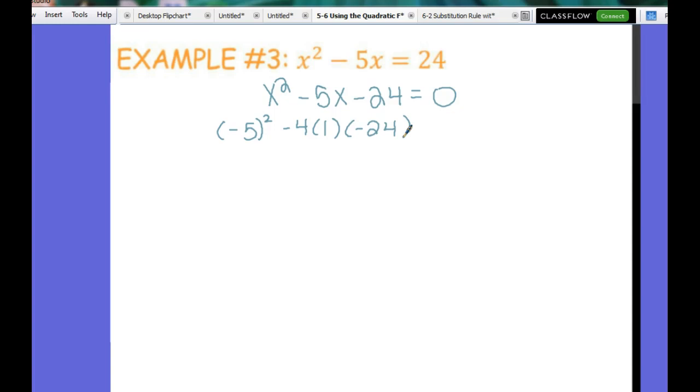So what's my discriminant end up becoming? I heard it. Yeah, 121. What do we know about 121? Yeah, it's a positive perfect square. So that's 2 rational reals.